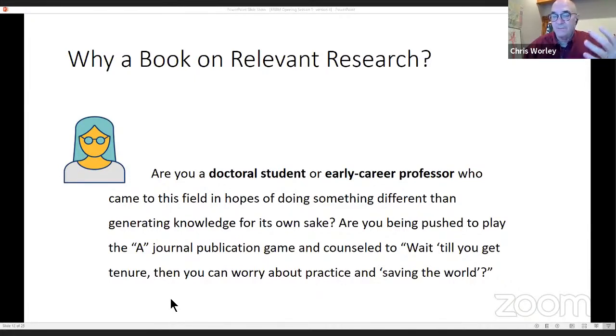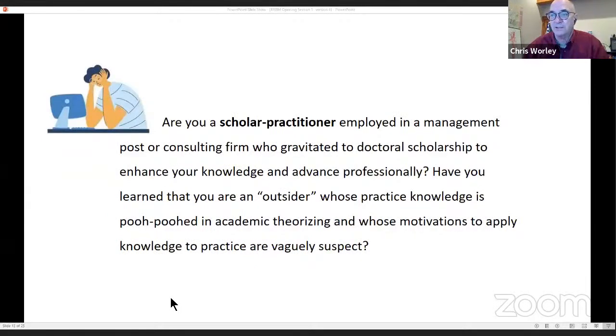And as Sue said, this is not a new thing. We're trying to recognize what has been done in the past. To Sue's point about that scholar, that practitioner that comes into academia, there's a set of scholar practitioners. It's an interesting word. We asked the people in our interviews, do you call yourself a scholar practitioner, or just a scholar?